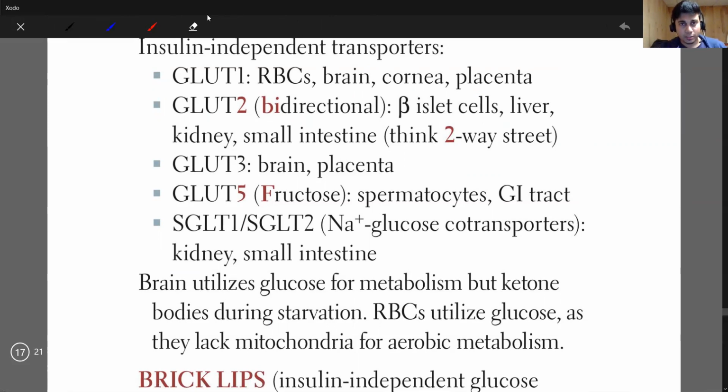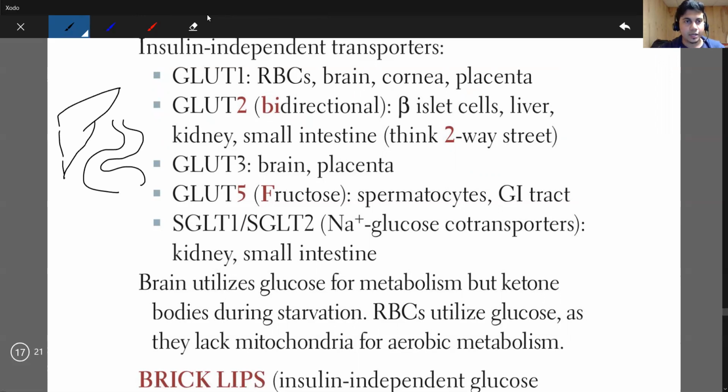Now, how it works. One example can help you understand why it is bidirectional. Let's say this is the small intestine, and here is your liver cell. In the liver cell, you have to take the glucose inside from your intestine. Now, there's a blood vessel in between, right? Because this glucose will be transported from the intestine to the blood and from the blood to the liver.